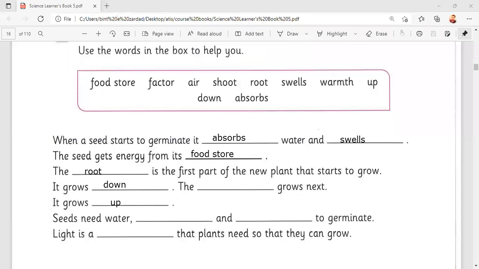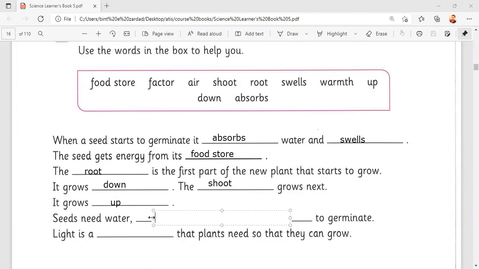So the first root grows downward and the first shoot grows upward. We are talking about seeds.